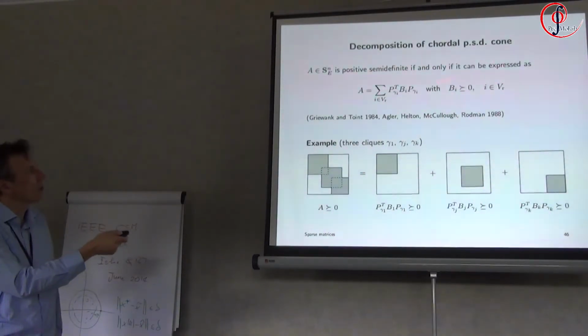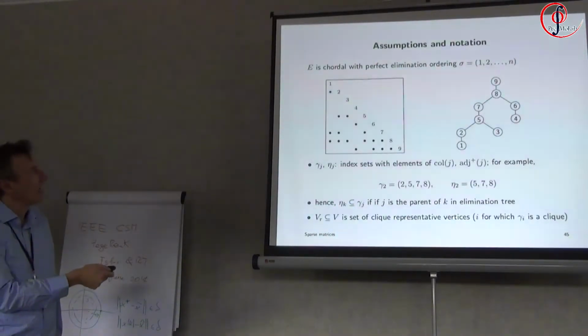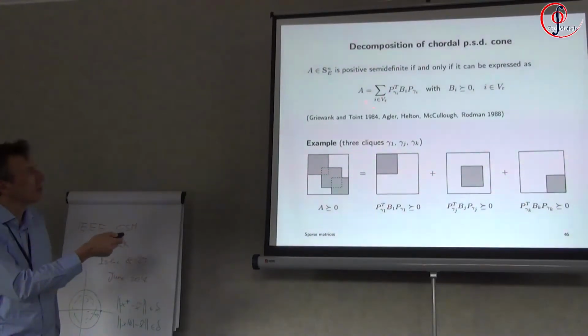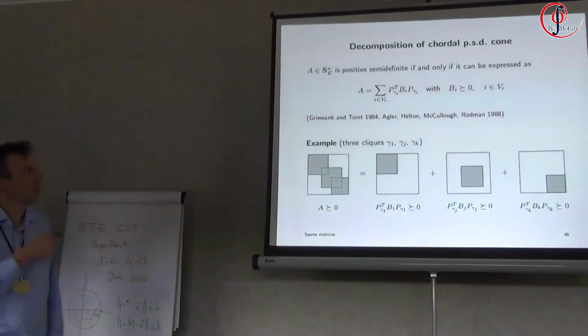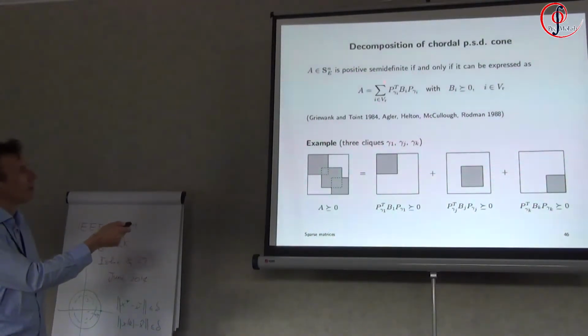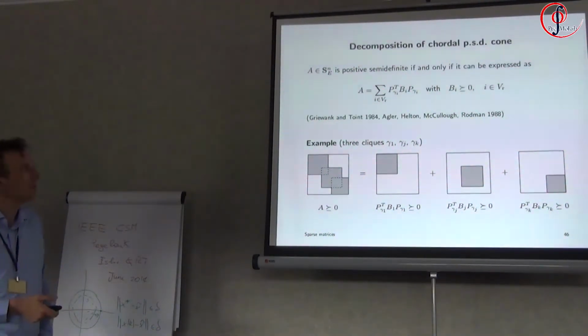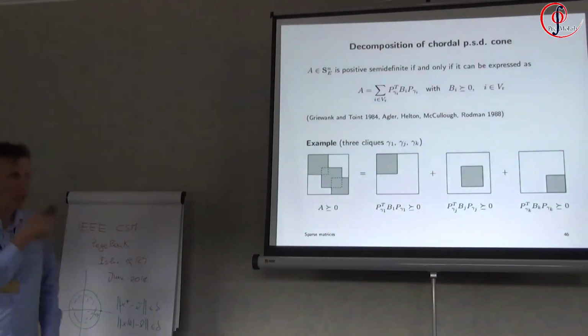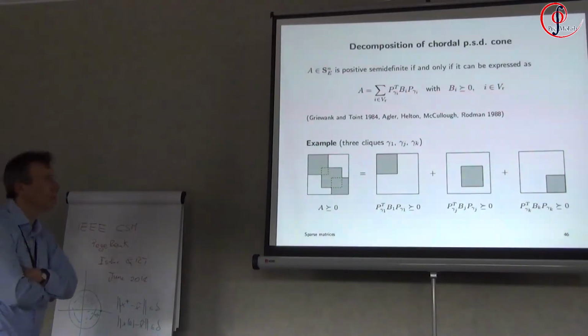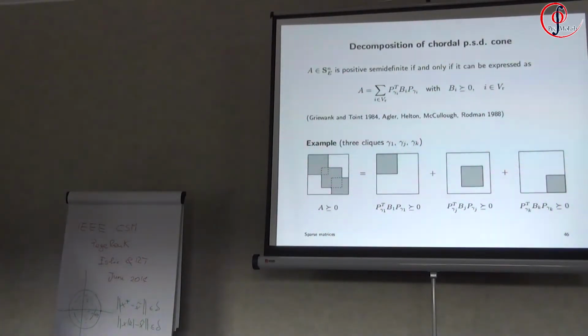If you have a chordal sparsity pattern, then in the sum you have as many terms as you have cliques in the sparsity pattern. Each of these matrices is a positive semidefinite matrix, but it consists of only one clique in that position. So for each clique in the sparsity pattern, you have a matrix like this, and then you add them to get the general matrix in the positive semidefinite cone.